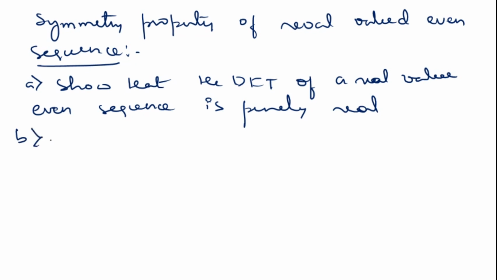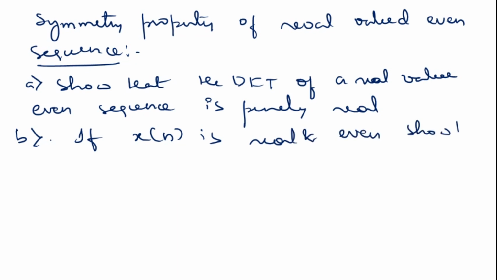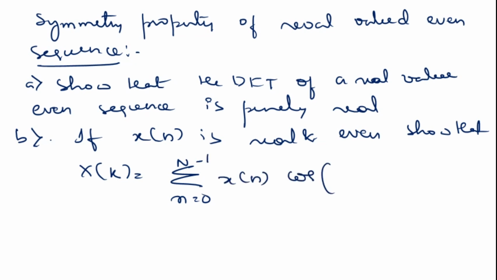And second one is, if x of n is real and even, show that X of k is equal to summation n is equal to 0 to N minus 1 x of n into cos 2 pi nk by N.